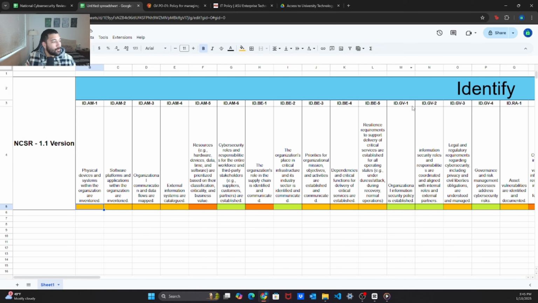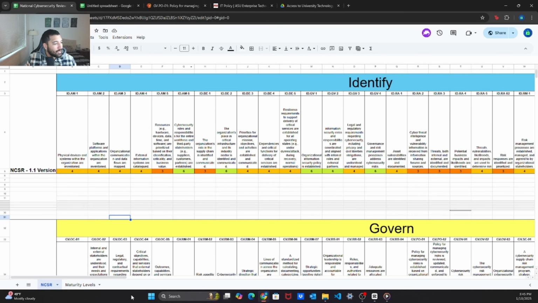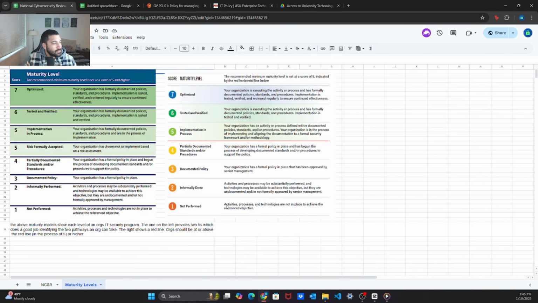And as we know from the maturity levels, so we can find it here. Where was it? What we went over, 3, documented policies. Your organization has a formal policy in place that has been approved by senior management. So what that policy was telling us is that they're at a minimum of a 3.